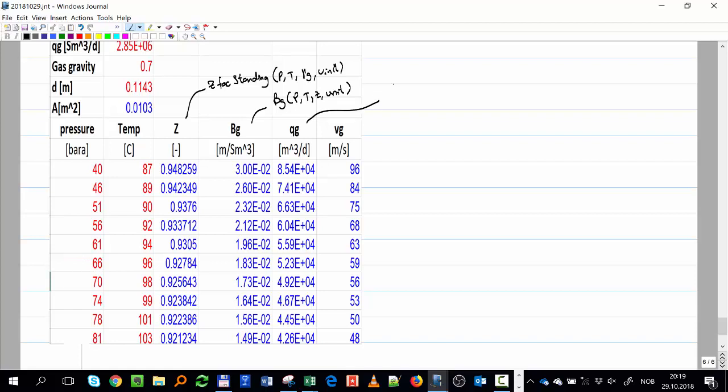This one is just the standard conditions rate times bg, and this one is the qg divided by the area, and using this conversion factor, because that will give you cubic meters per day. So you have to change 1 day is 24 hours and 1 hour is 3,600 seconds, so you have to multiply by that.